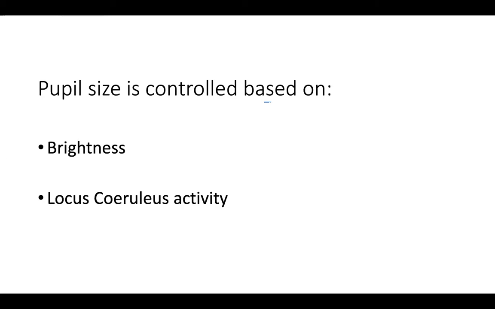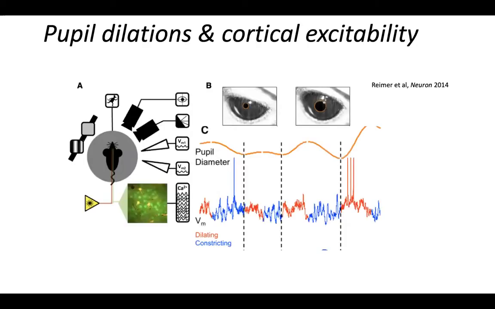For example, this is a study where pupil size was measured in mice simultaneously with invasive recording of cortical activity. Among the several important findings that they have, there are two interesting observations for me.